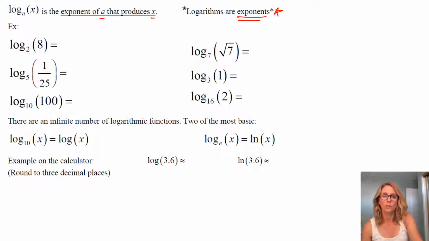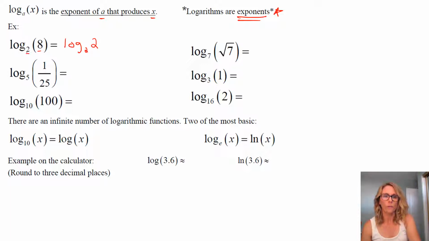We have log base 2 of 8. The question being asked here is, what is the exponent that you would put on 2 to get 8? One of the ways to solve logarithms is to rewrite, if you can, which is not always the case, the inside as your base to a certain power.